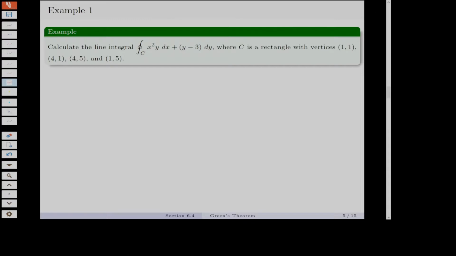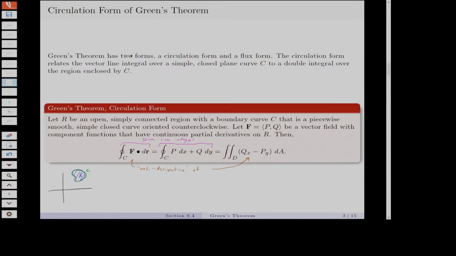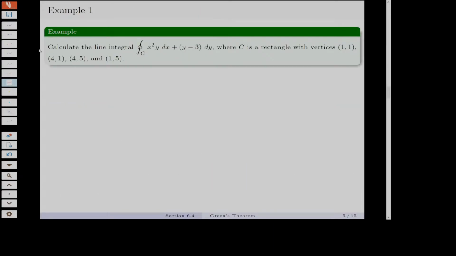So here's my line integral, and it's given in this P dx + Q dy form. So I can see here that P is x squared y, and Q is y minus 3.